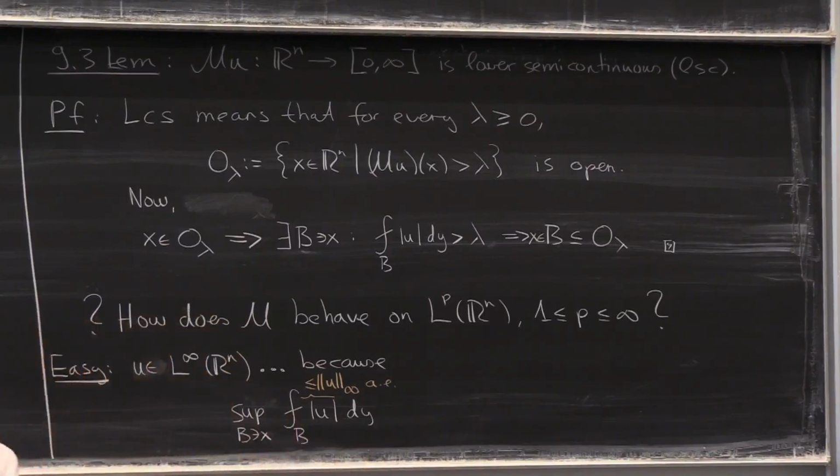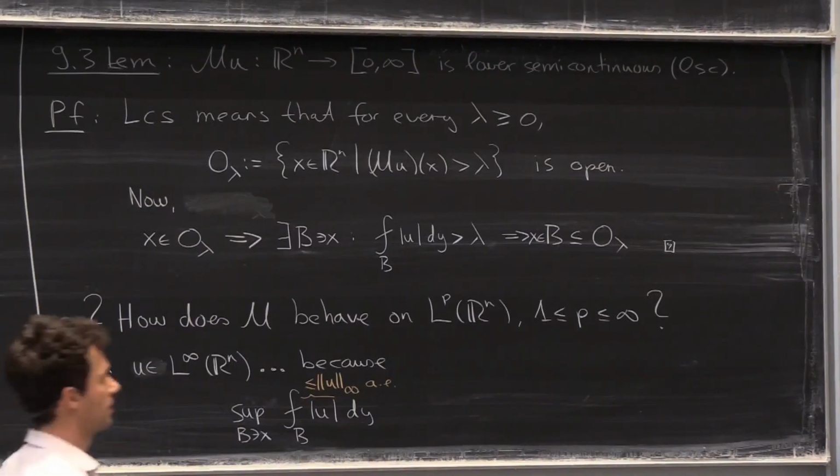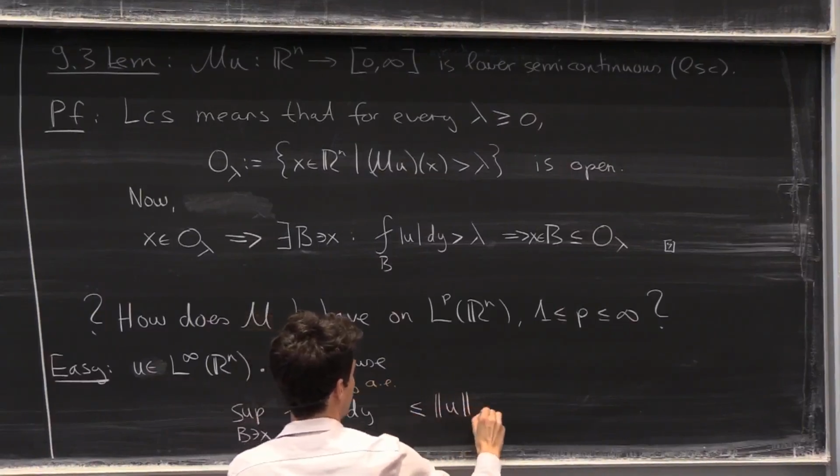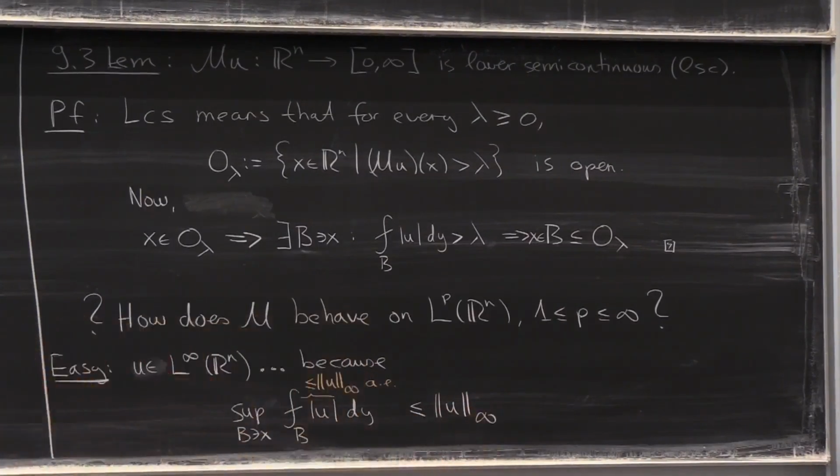So this average is less than averaging a constant. Well, if you average a constant, then you just get back the constant. So every single average is less or equal to u in infinity norm.